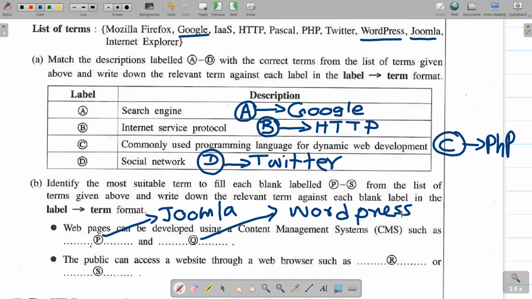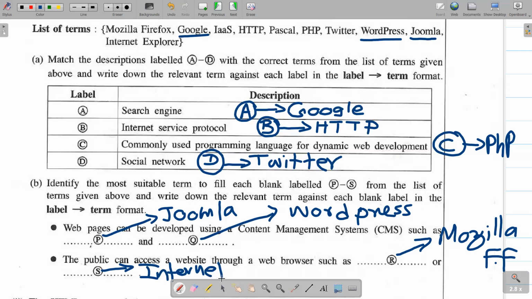And in the last one, it says the public can access a website through the web browser, such as R, right? Mozilla Firefox. Right, it's better you write this entire thing. And S is Internet Explorer.